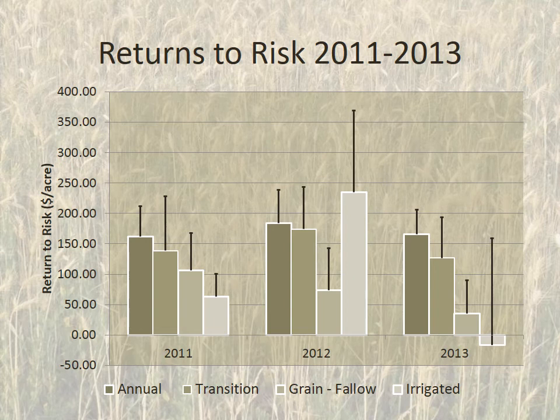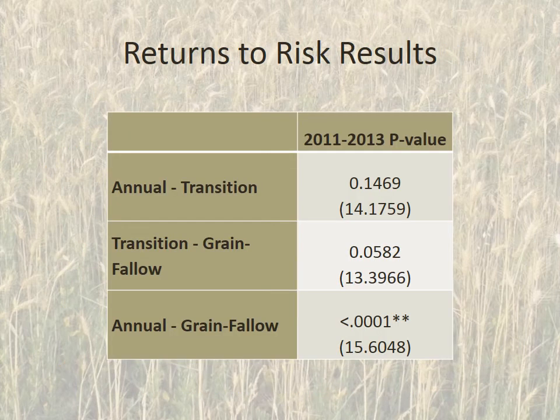And this is simply to do with what people spend money on. So some people have very expensive equipment which increases their machinery costs and decreases their returns. So I lumped these together, all of the years together, and only the annual and the grain fallow were statistically different from each other.